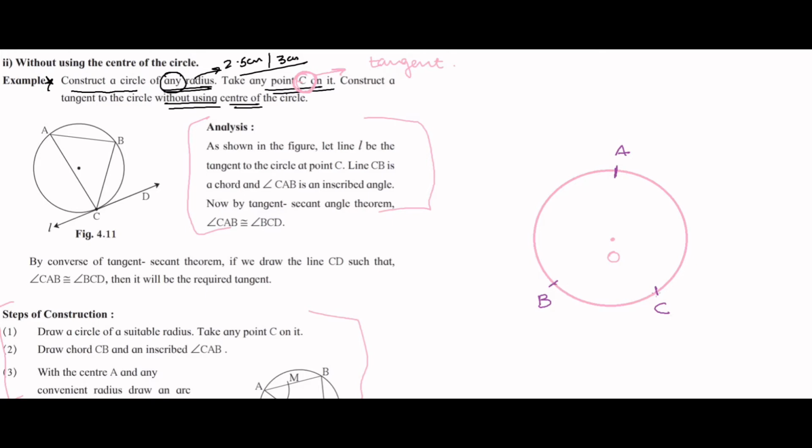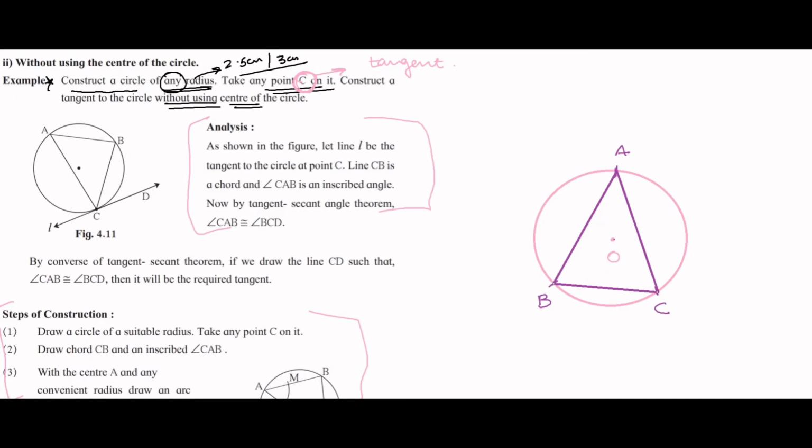You have to construct the tangent at point C. Now this is your center, but we don't have to make use of the center, so forget the center for a second. Next, we are going to join AB, BC and AC, like this. This is AB, this is AC, and this is BC.